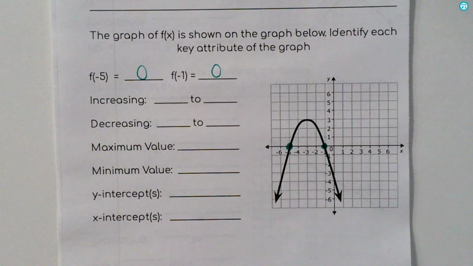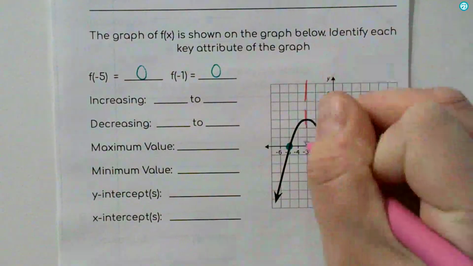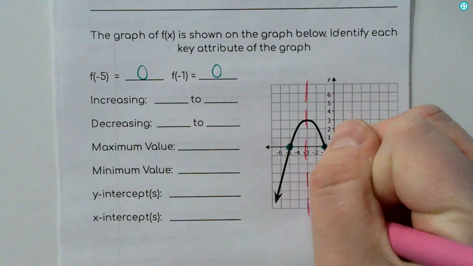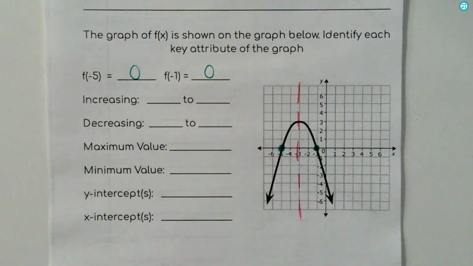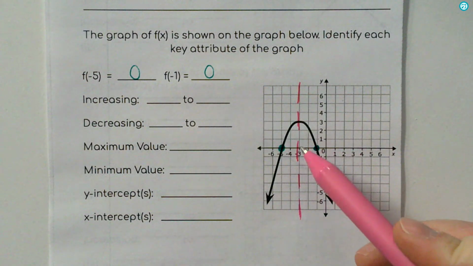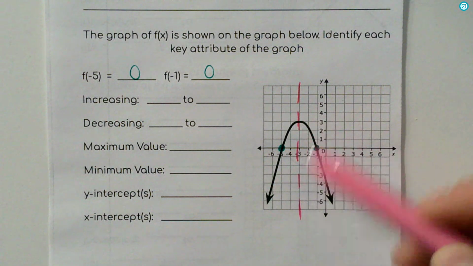Okay. Draw a vertical line. I like to just draw a dashed line where you switch from going up to down. So draw a vertical line there. That is your switching point. We switch from increasing to decreasing when x equals -3.